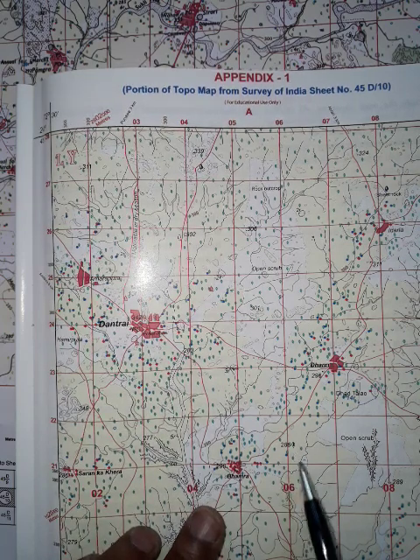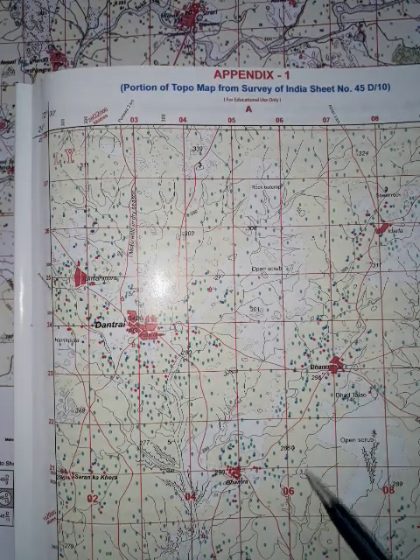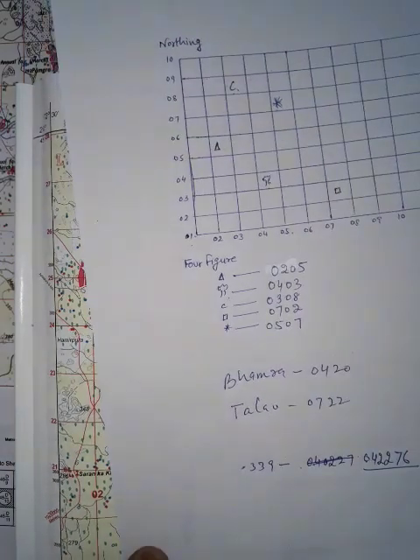Now the next question is here: surveyed tree in the northeast of Bhamra. First of all, find Bhamra, which is given here, and here 226, a black tree symbol is there. This type of tree is known as the surveyed tree. The same thing we will write down. First of all, the 4-figure grid reference of the surveyed tree.